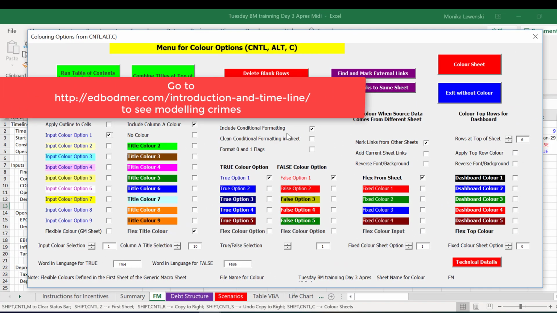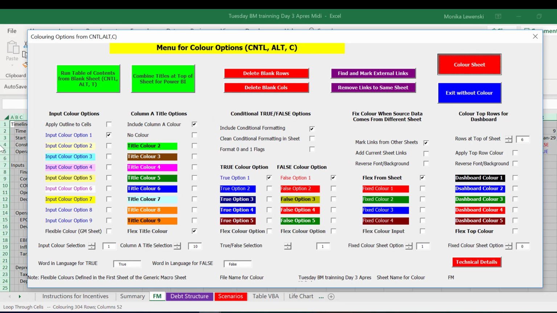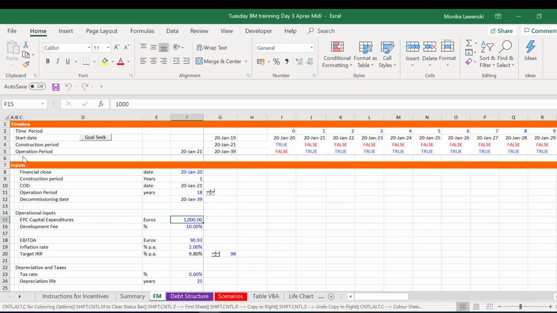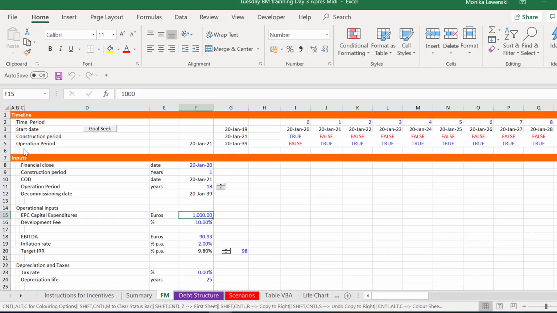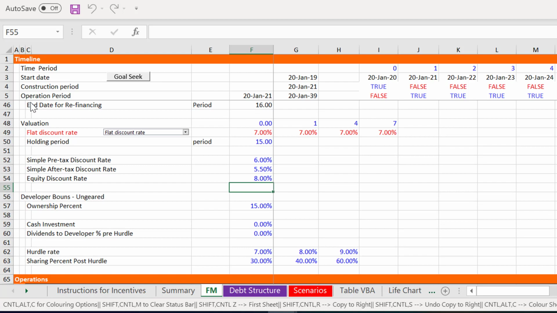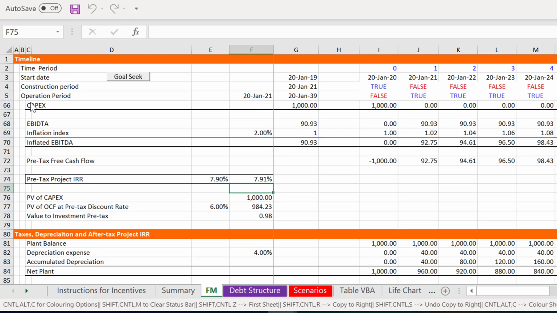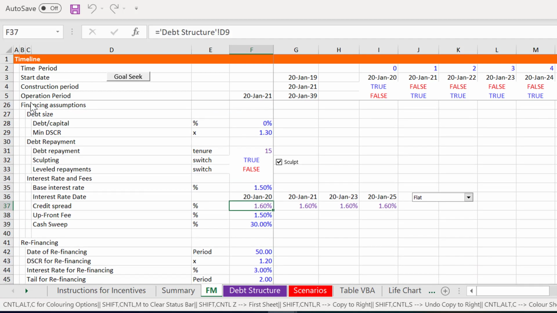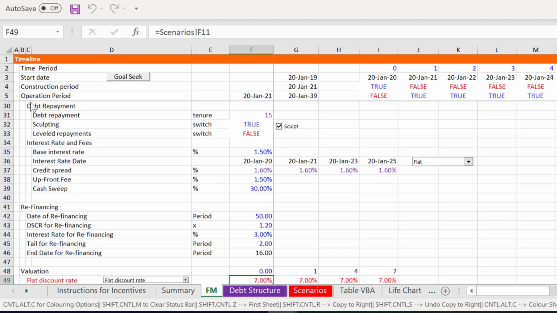And please, nobody ever uses this, but use generic macros, please. I want you to structure your sheets and not waste time on coloring. Some people say I waste too much time on going through these generic macros in my classes, but I do that to be efficient.